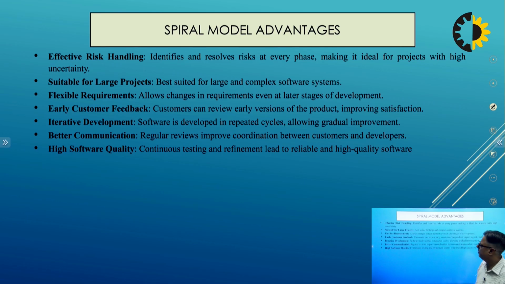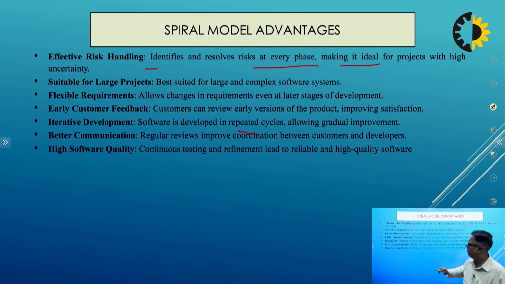The first advantage is effective risk handling, because we use the alternative solutions in the initial phases. If we have any risk, any issue or any fault, we find the alternative solutions in the initial phases of the spiral model. It identifies and resolves the risk at every phase, making it ideal for projects with high uncertainty.